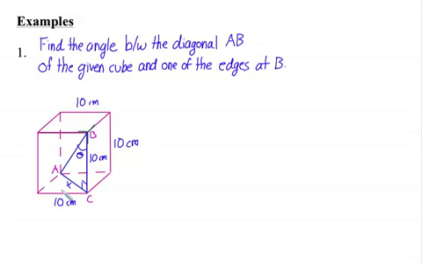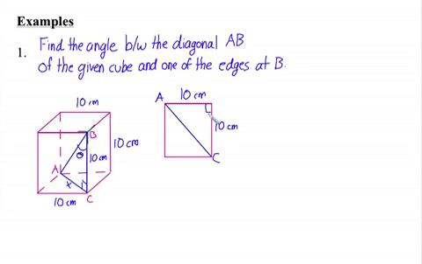But I need to draw a new right triangle. Let's draw a square that represents the base of this cube. Let's label it appropriately. So we have corner A back here, corner C here. We'll connect the two diagonals. We know that both edges are 10 centimeters.